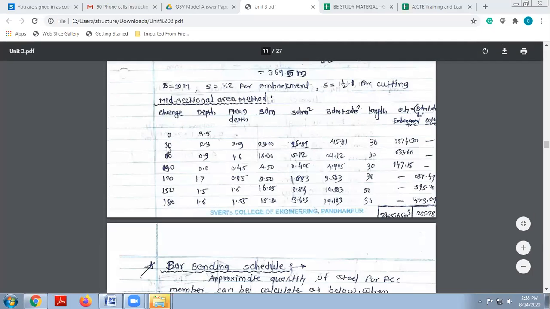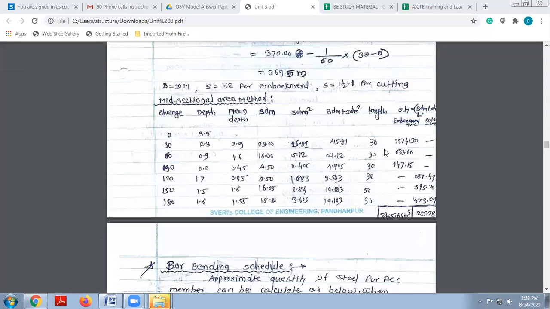For the second, it is 30 to 60, so only 30 meter length is there. Between chainage number 3 and 4, length is just 30 meters. Likewise, you can calculate the length for each and every chainage by considering their consecutive differences.